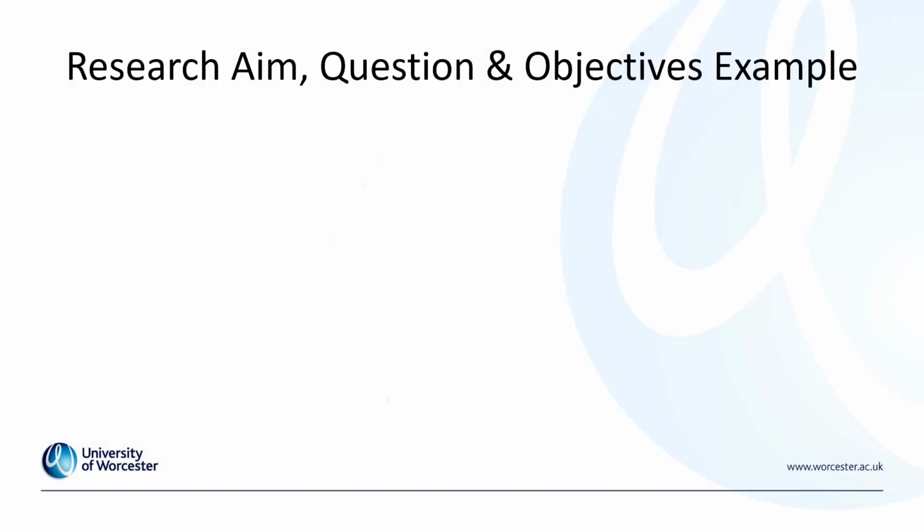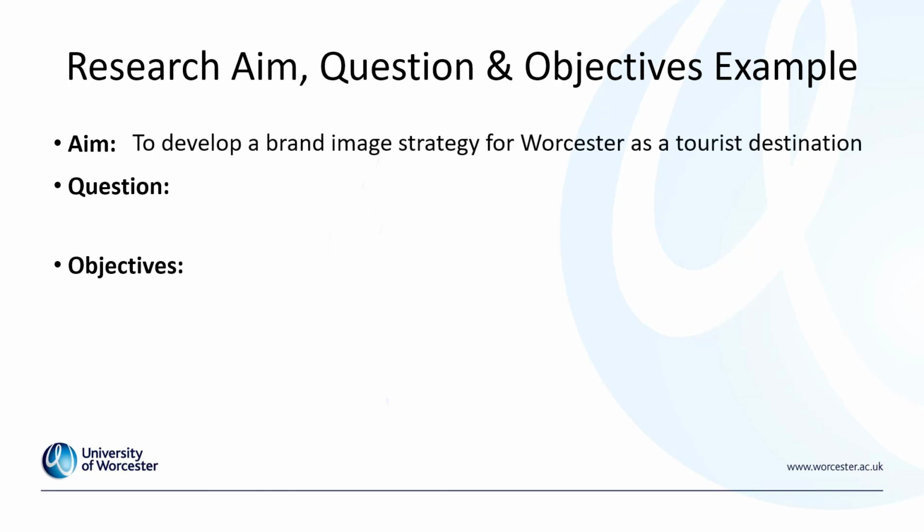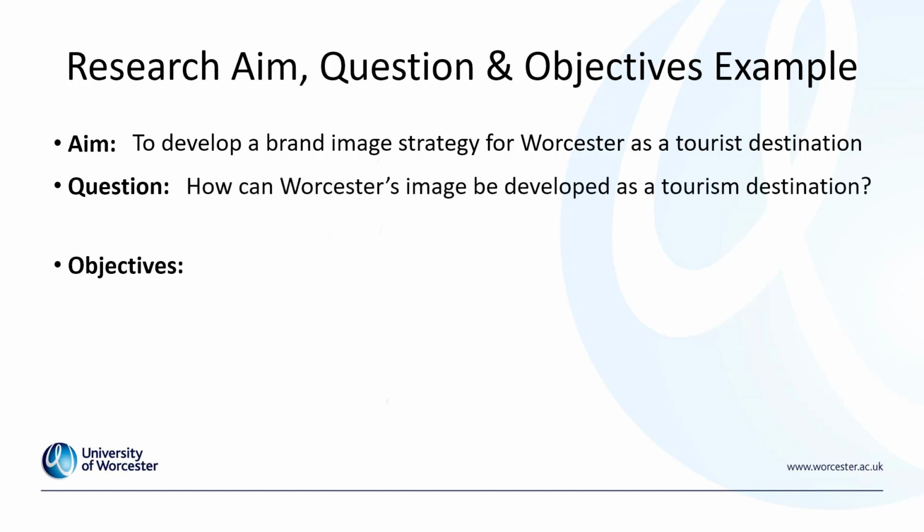So I now have an example: research aim, research question and objectives. So if our aim was to develop a brand image strategy for Worcester as a tourist destination, the question we might want to answer could be, how can Worcester's image be developed as a tourist destination?